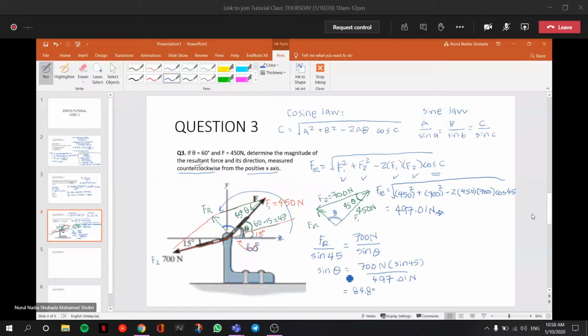The angle opposite to the force of 700 Newton would be 84.8 degrees.